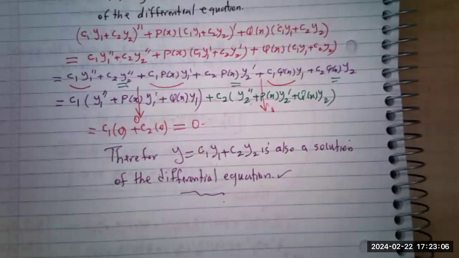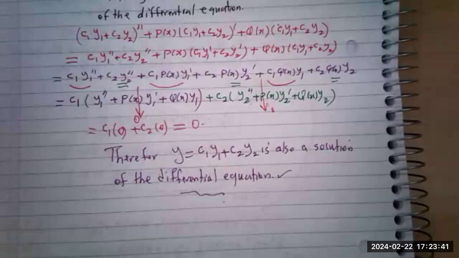If you're looking for the general solution, the next question is, if you have another solution, if y is just an arbitrary solution, can you find Y1 and Y2? You see, if Y1 and Y2 are fixed and given to you, and I give you a new solution y, can you write that y as C1 Y1 plus C2 Y2?